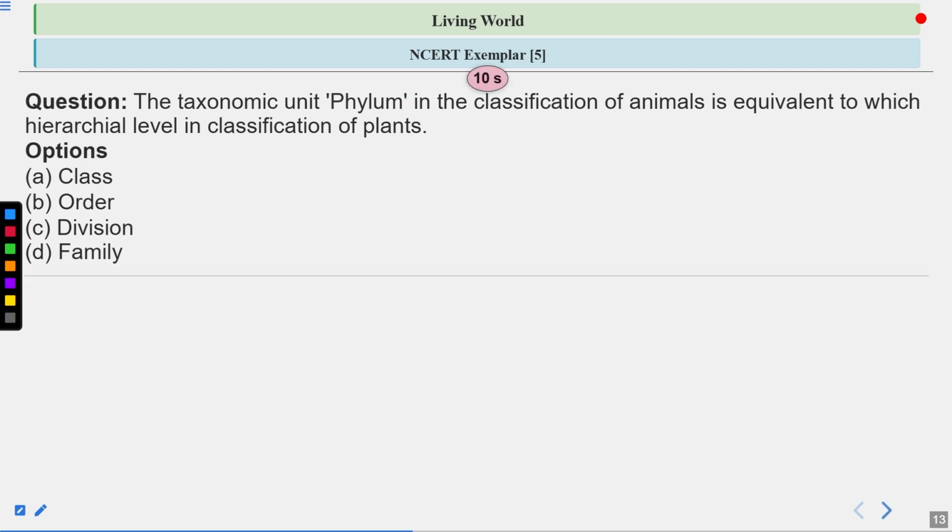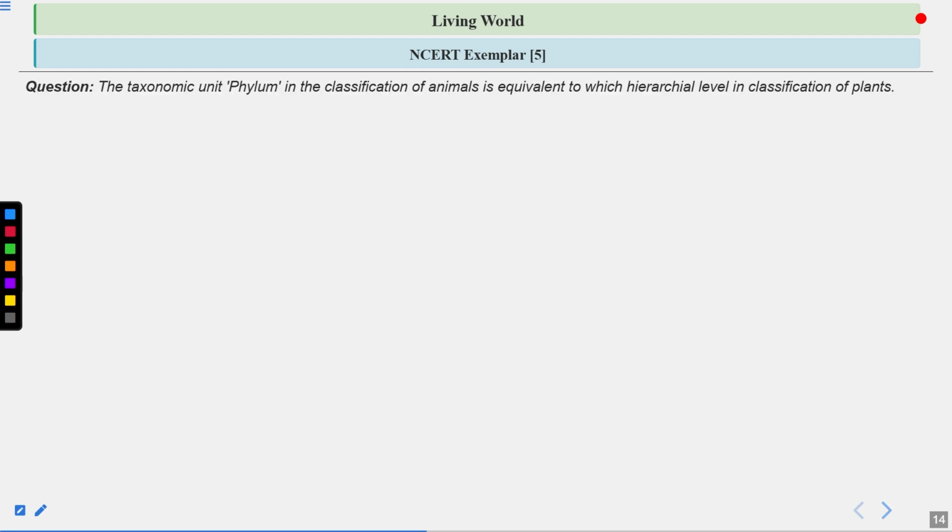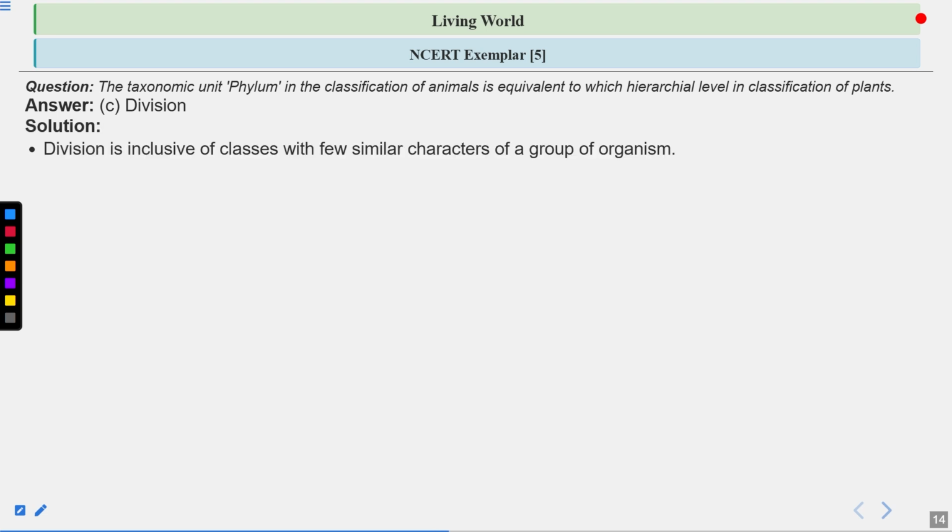So what will be the correct answer for this question? Let's have a look at the answer here. Option number C, division, is the correct answer. Let's have a look at the explanation here.